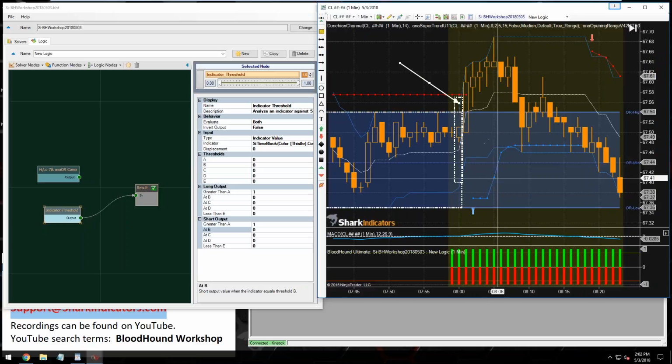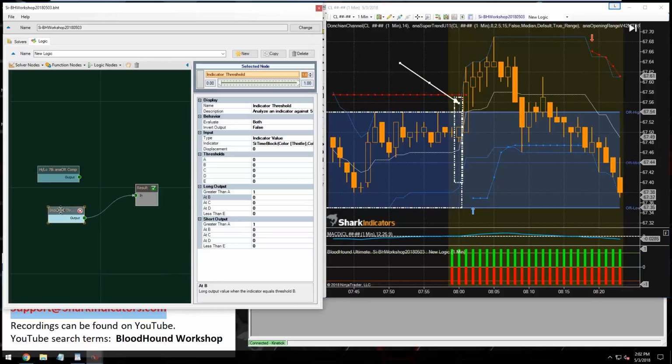Usually if we are trading in real time, we do have some kind of concept of limitation that we apply to whatever we're trading. So it's a good idea to try and realize what those unconscious limitations might be that you're applying to your system, and apply them in BloodHound as well.